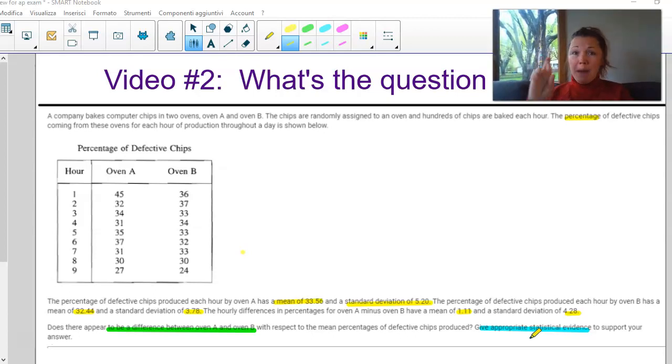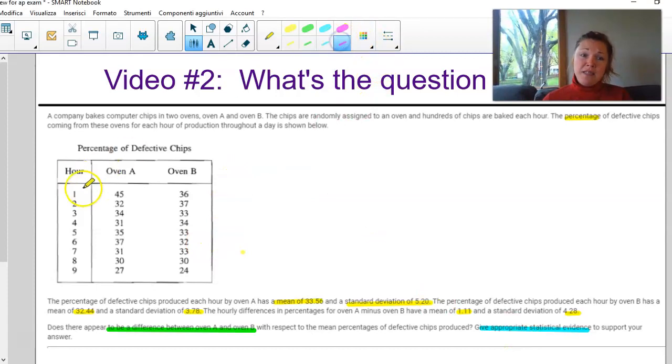I am hoping that you are practicing that applet that I posted for you, so you're going to get a bunch of them at you at once. But here's my attempt to give you some explanation behind some that have come from the College Board. Some people may want to say it's a 2-sample t-test for mu1 minus mu2. Here's the catch. When you look at this, you see the hour.